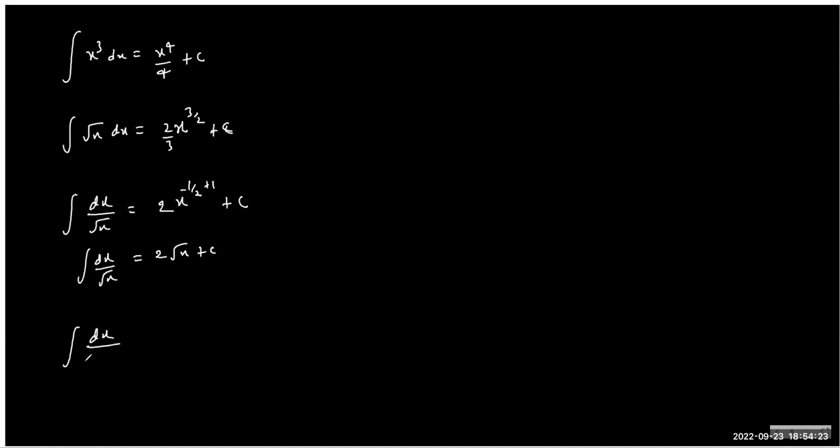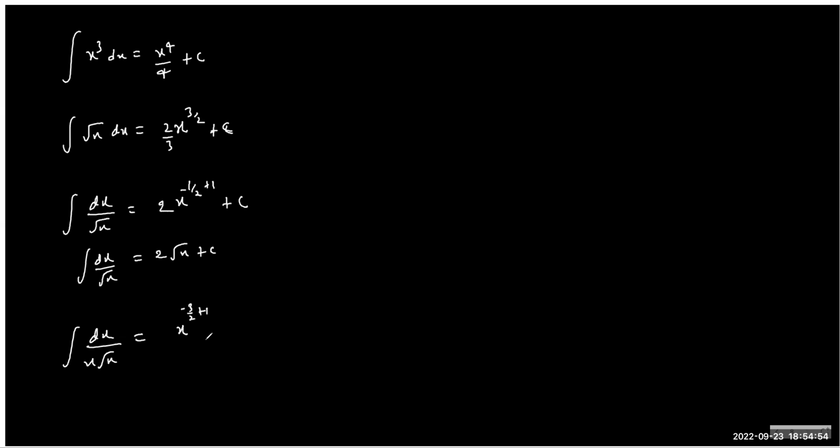If someone is asking what is x root x, just time pass. Tell me the answer. 2 by 5 x raised to 5 by 2. Now, what about 1 by x root x? X to the power minus 3 by 2 plus 1, no?